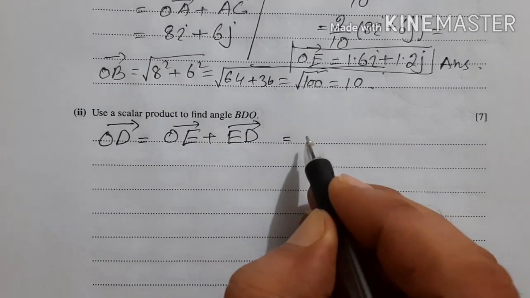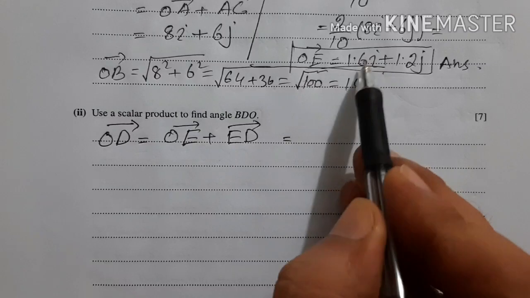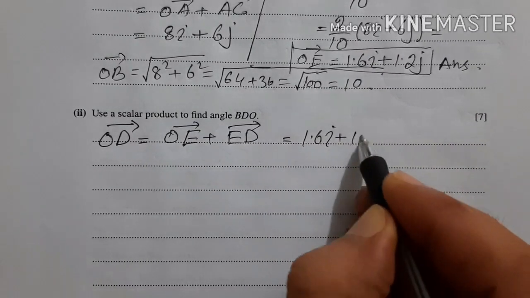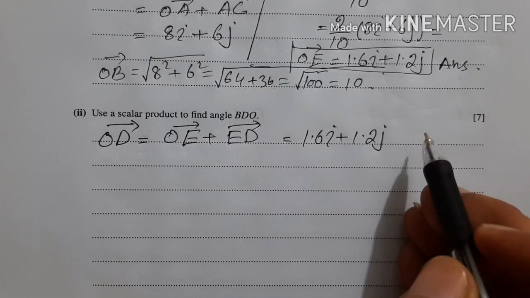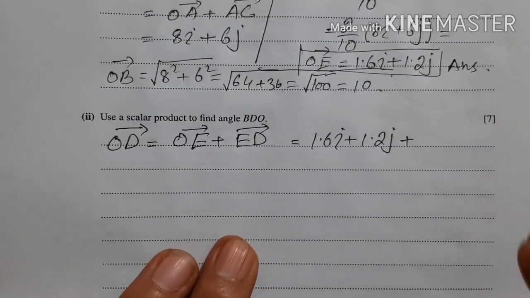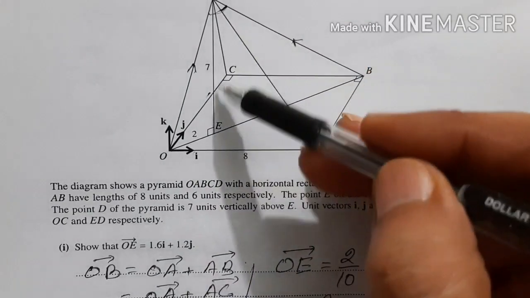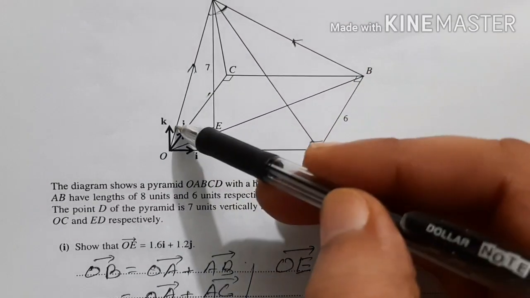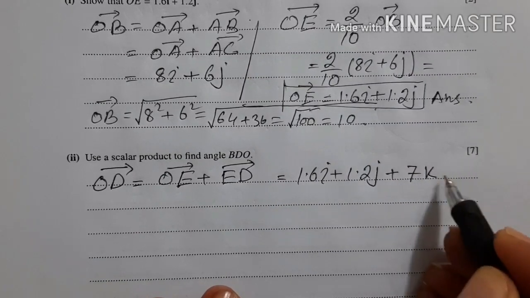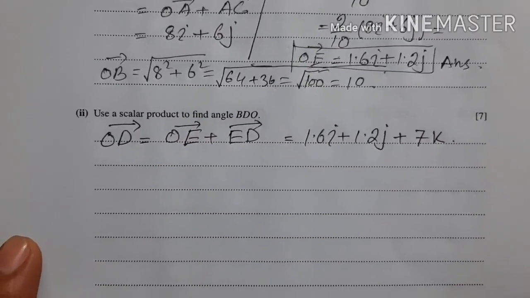This will be OE, which we found in the previous part, 1.6i plus 1.2j, and ED is 7k, because this is along k.